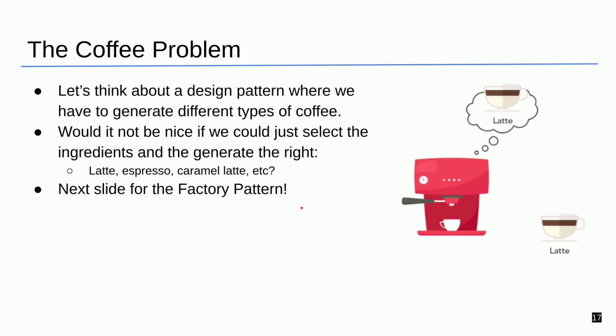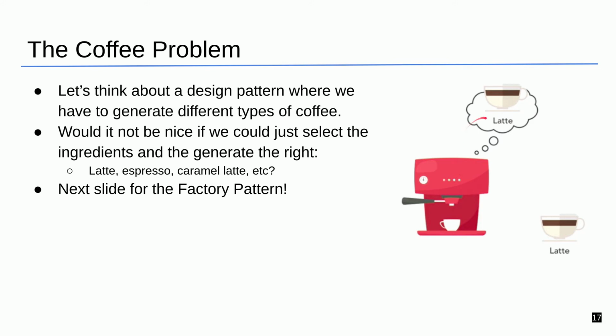So I want to introduce a running problem, just to make it concrete. A lot of the examples I'll use involve coffee, even though I'm not a coffee drinker. We understand the idea that we can have a coffee machine that can make us lattes, or different types of lattes with different ingredients or different styles.